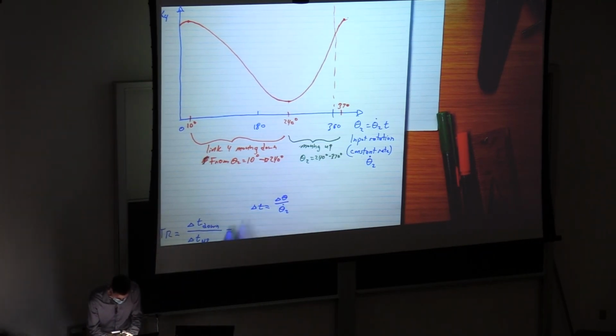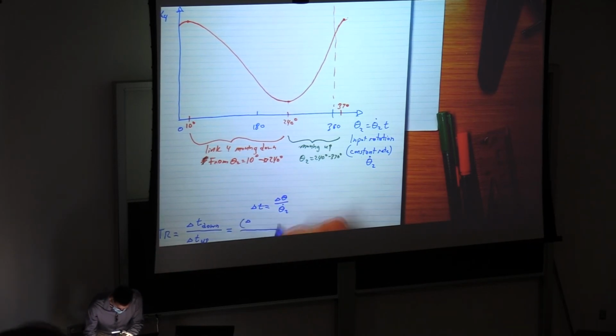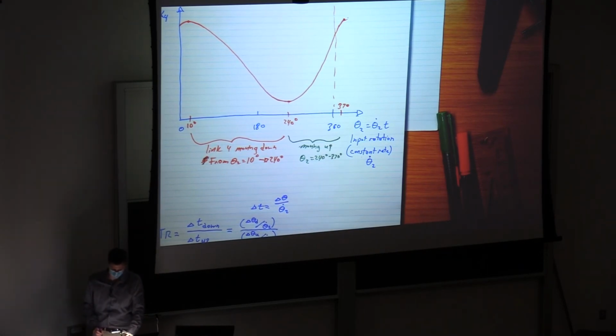Okay, so we can plug this now into our timing ratio equation. In the numerator, I'll put it in parentheses, we get delta theta down, I'll call it delta theta d, divided by theta 2 dot. In the denominator, we have the up version: delta theta up divided by theta 2 dot.